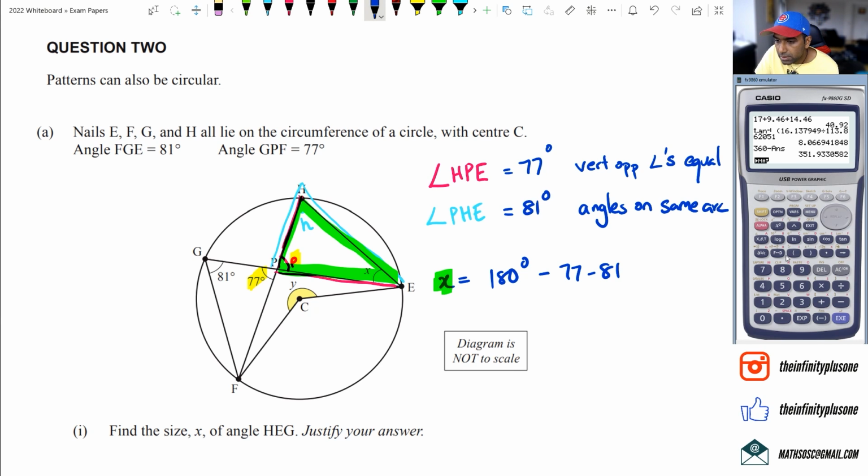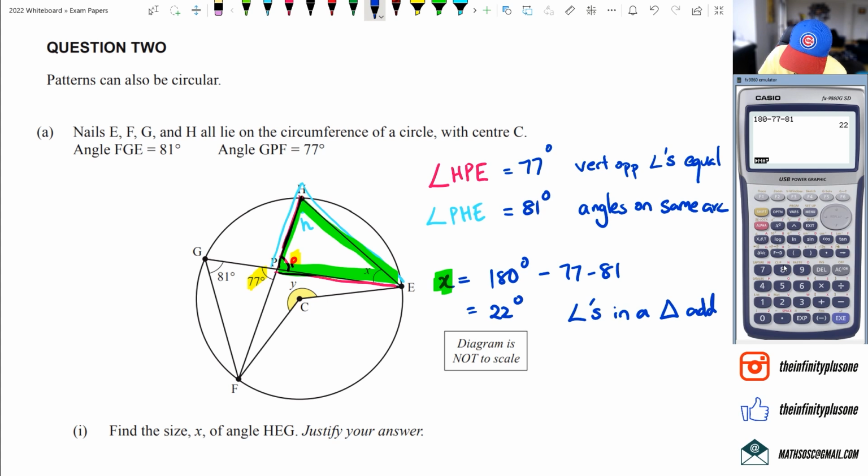So let's get rid of this. 180 take away 77 take away 81. That's going to give me 22 degrees. So I can say that X is equal to 22 degrees. And of course, I could say angles in a triangle add to 180, or something along those lines.